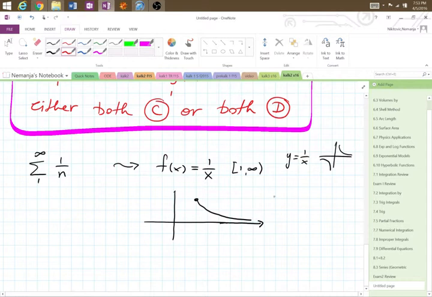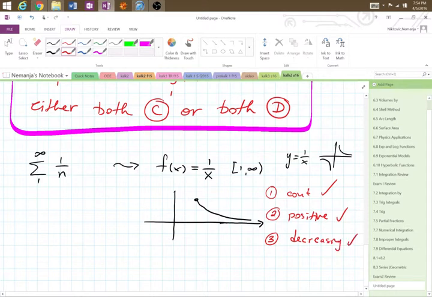Number one, is it continuous? Yes, because the only discontinuity for 1 over x is at 0, and 0 is not in our domain, so we're good. Number two, is it positive? Yes, because it's above the x-axis. All of the y values for that function are positive. And number three, is it decreasing?